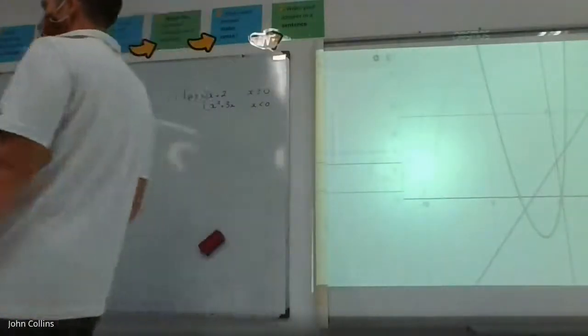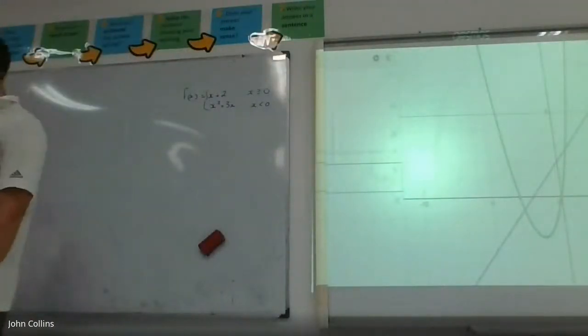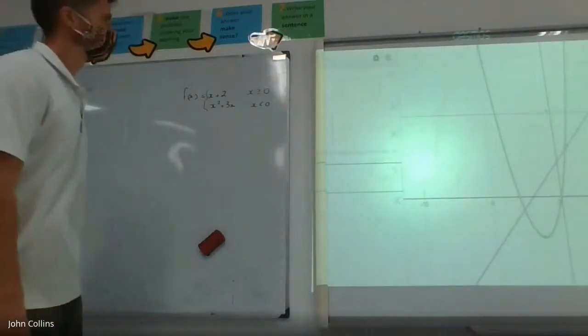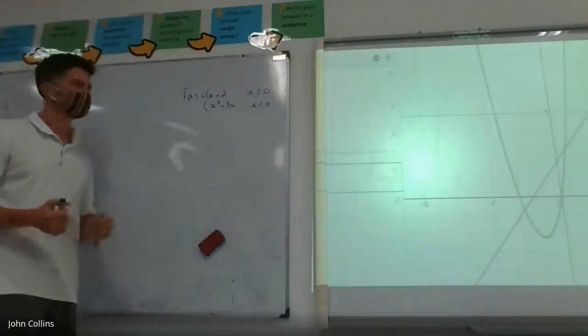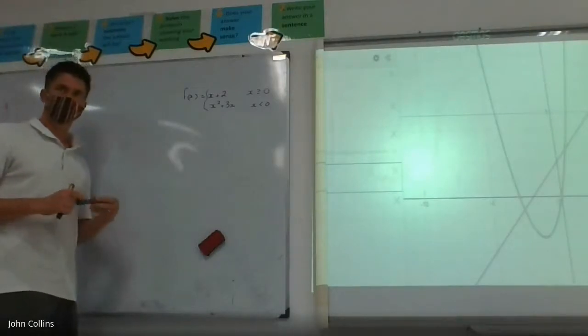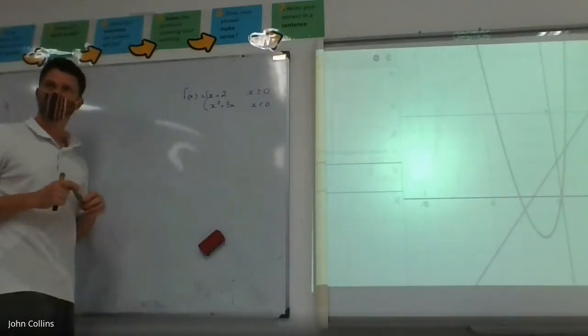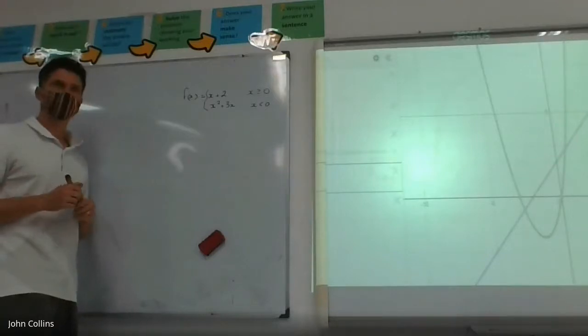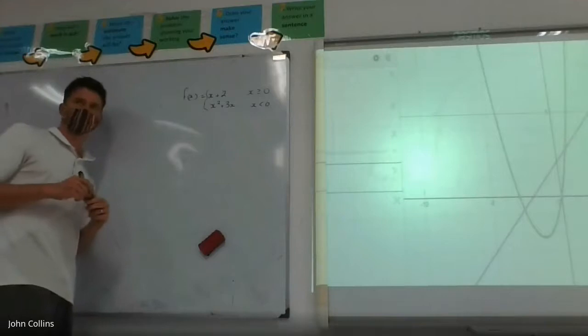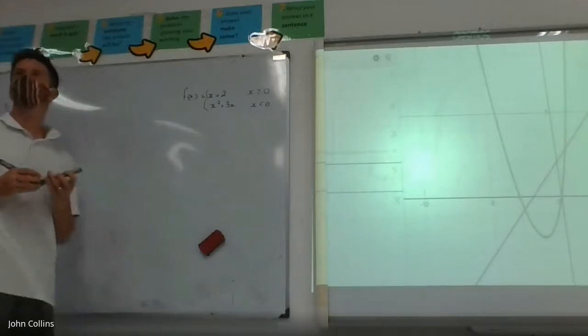All right. So how do we show whether it's differentiable or continuous or not? How do we know if it's continuous at that point? You try it from the positive and negative directions towards x equals 0. If it's continuous, what should you get?